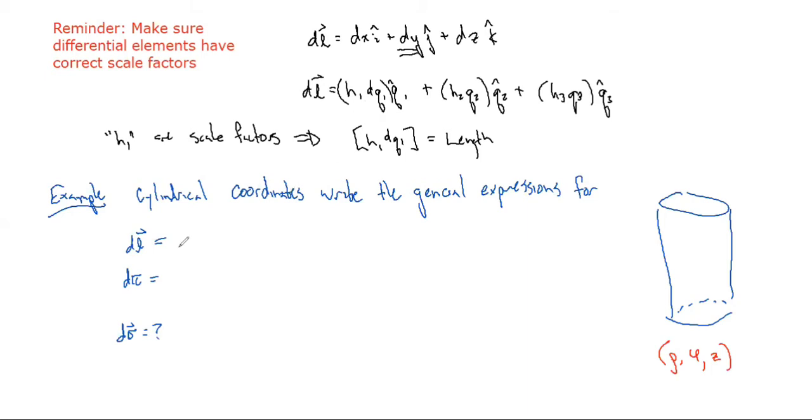So the first one we get for free because rho already has units length. So d rho rho hat. And then what about the phi component? What do I have to write here? In order to get the length of the arc, you have to do rho sine phi times d phi.